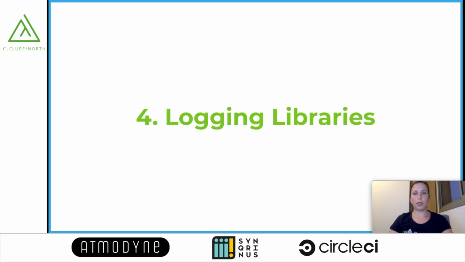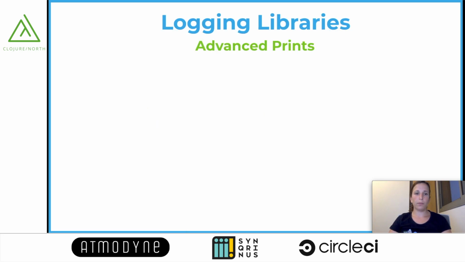And the last topic I want to cover today is using logging libraries. We talked about prints and how they can help us understand the code flow, but sometimes we will need advanced print capabilities. Advanced print capabilities give us things like level tagging, which can filter the prints we have by level, like info, warning, and so on.